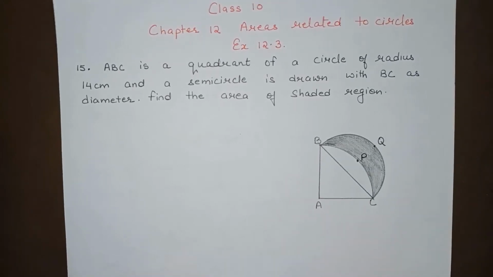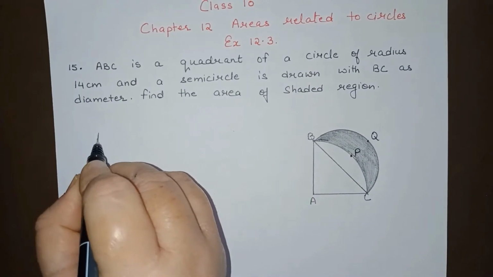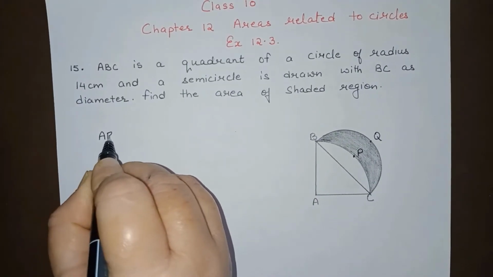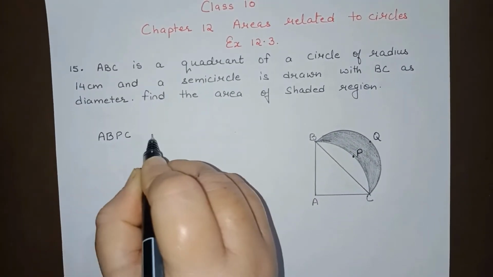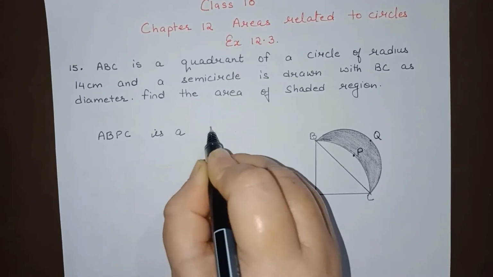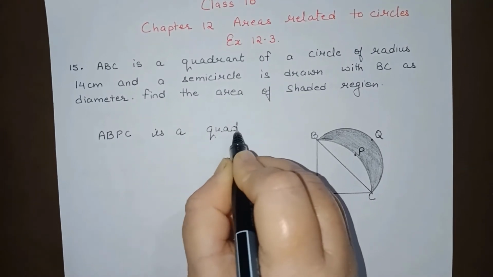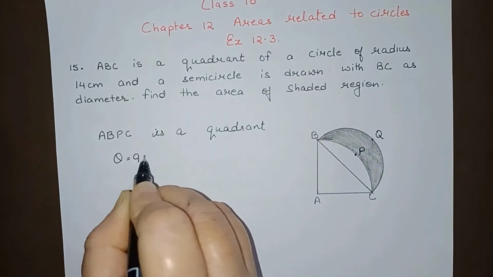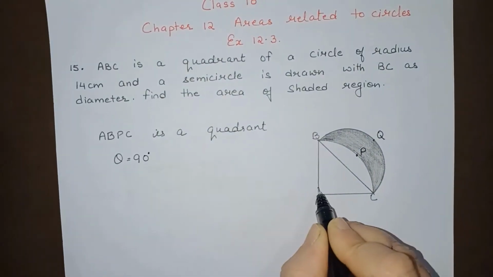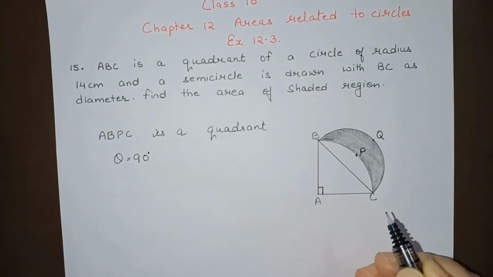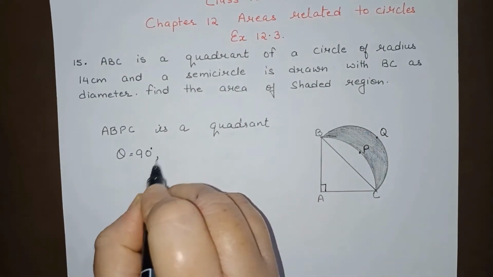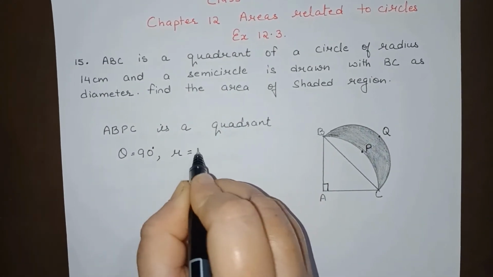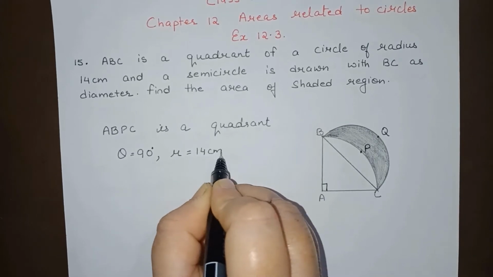BPC. So we will write ABPC is a quadrant. Right? So we have theta is 90 degree, quadrant means 1/4 of a circle. R is 14 centimeter, it is given.